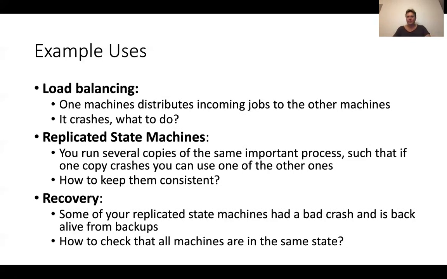But what you do want is, at the point where you replicate this process, you want it to stay the same on the machines it's running on. You don't want the account of a user to be one thing on one machine and something else on the other machine.